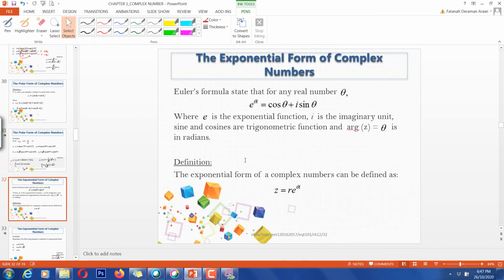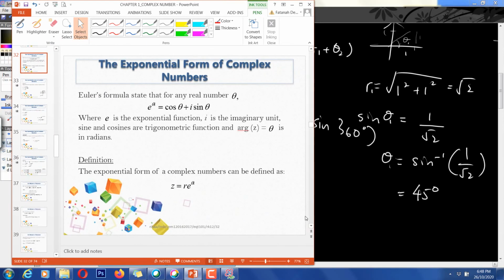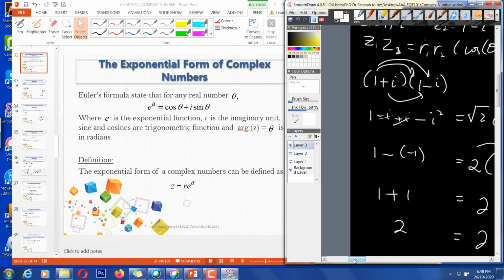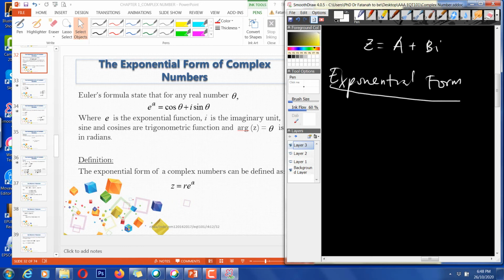Next is the exponential form. Exponential form is in terms of e to the theta I. So what should you know here? If you compare to the standard form, z equals a plus bi, for the exponential form we need to have e to the theta I equals cos theta plus I sin theta. What is r?